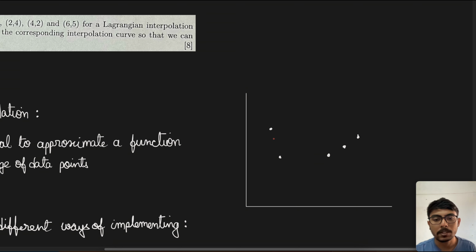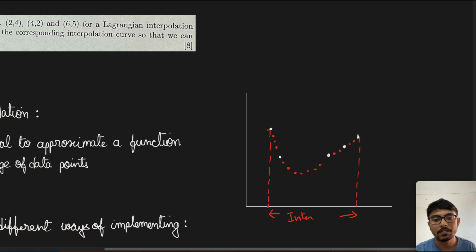By using this method, we can approximate points which fall in between the first data point on the x-axis and the last data point on the x-axis. We can approximate any one or more of these points, but they will lie in between these two data points. That is interpolation.